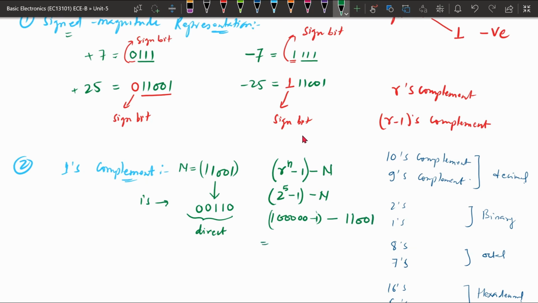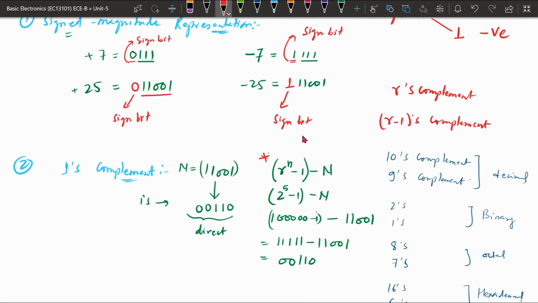So this is 11111 minus 11001. If we subtract this from here, it will come out to be 00110. So this is the generalized method.